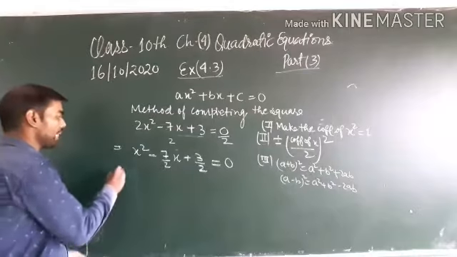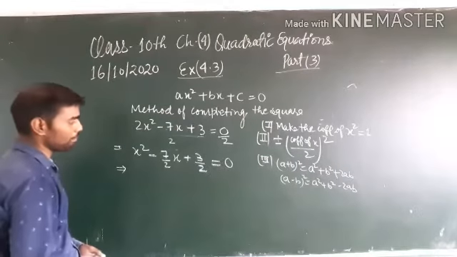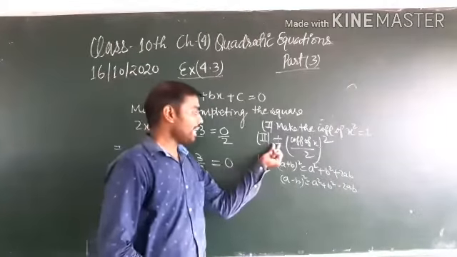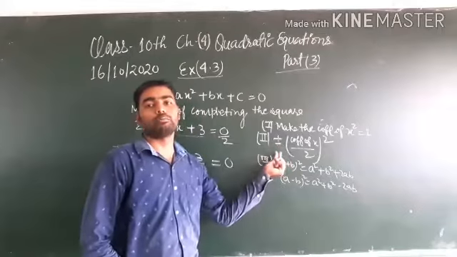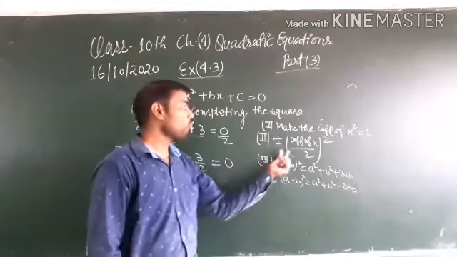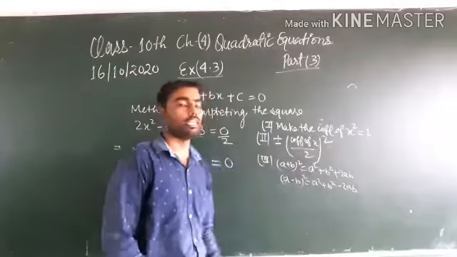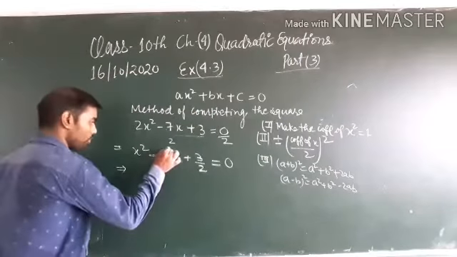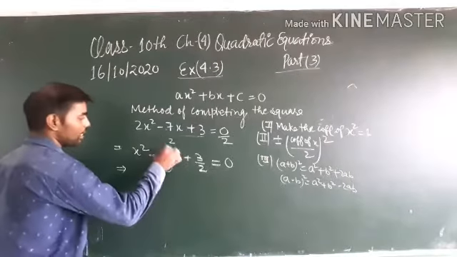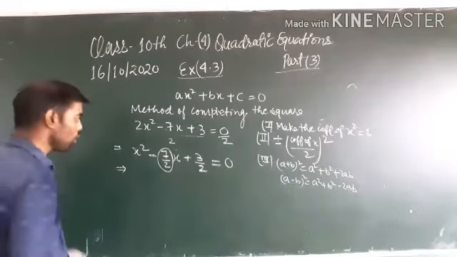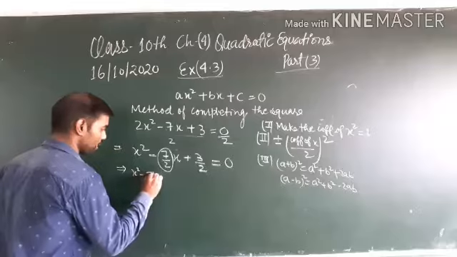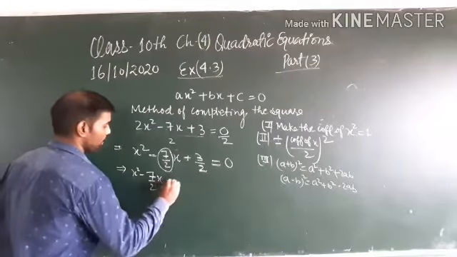And now the second step is to add and subtract the coefficient of x by 2, to the whole square. The coefficient of x is 7 by 2. So we have x square minus 7 by 2 x plus 3 by 2.